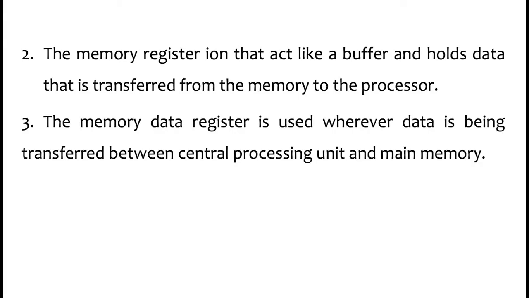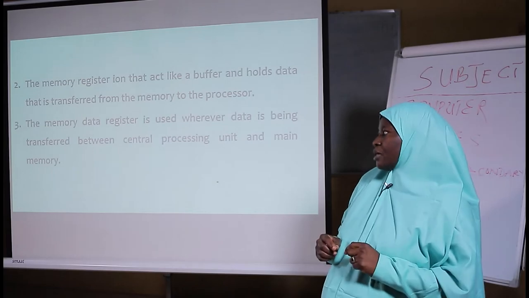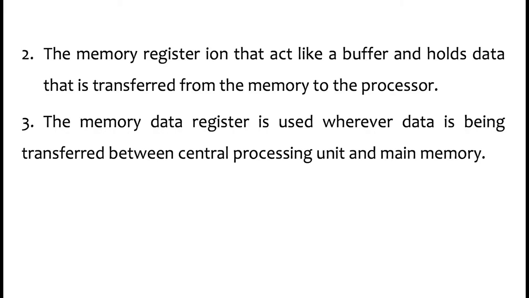The next function is that we have the memory register. The memory register acts like a buffer and holds data that is transferred from the memory to the processor. That's another function of the memory address register. The third one, the memory data register is used wherever data is being transferred between the central processing unit and the main memory.